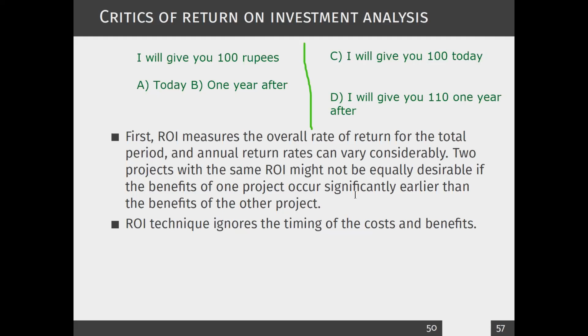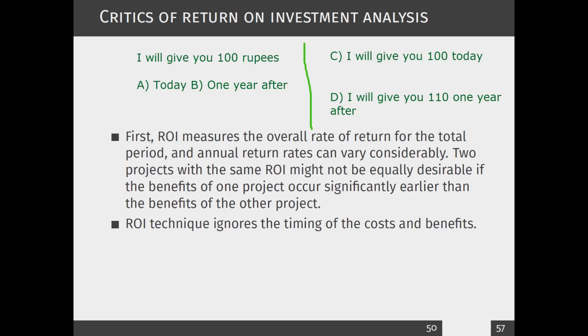Yes, I got one answer from Abhay Surya that he prefers A and C, right? Getting 100 rupees today and then again 100 today. Yes, what do you think? Others, what do you think?